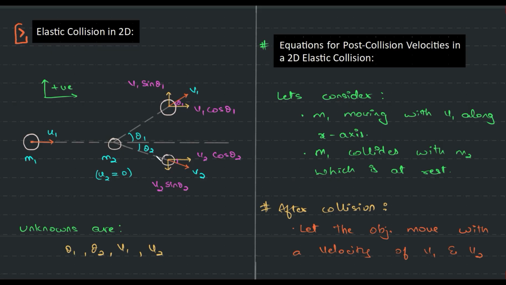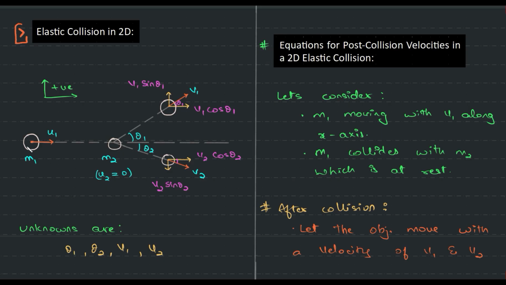If it's a head-on collision, then indirectly we know theta 1 and theta 2, so two of these are already known, and we're just figuring out v1 and v2. Without knowing at what angle we are hitting, we will not be able to figure out v1 and v2 or theta 1 and theta 2. So one of them has to be known.